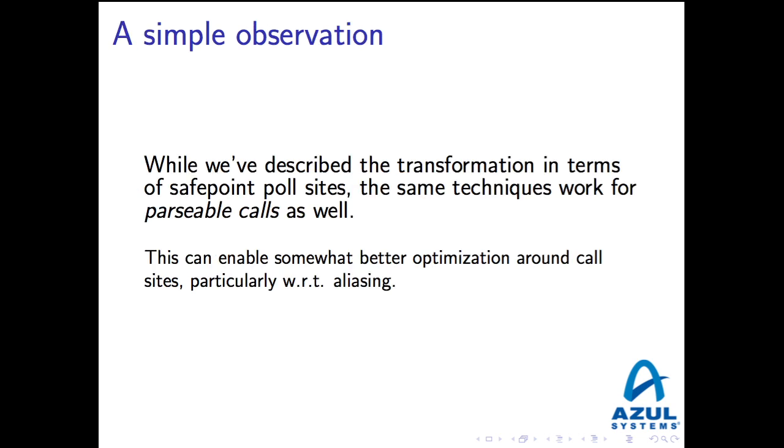Now, an observation: everything I've been saying in this section has been about Safepoint polls, specifically on the back edges of loops or method entries or method exits, depending on how you choose to implement them. All of the points I want to make here about being able to do things late also apply to making the call sites themselves parsable. This is definitely a second order concern, but it does enable additional optimizations in the transformation passes.